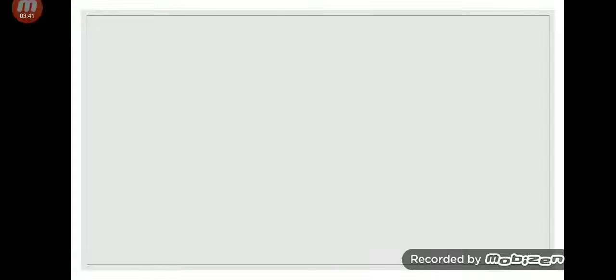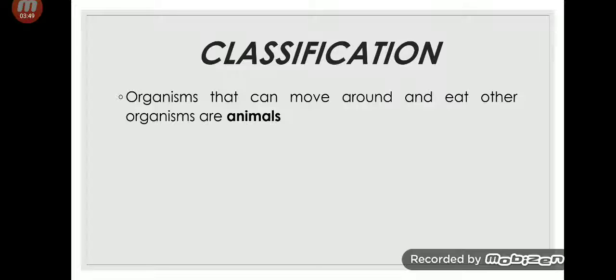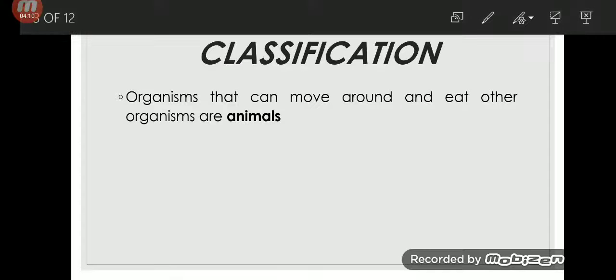If you see any plant, you instantly know that yes, this is a plant. And organisms that can move around and eat other organisms are animals, right? If you see a tiger, you quickly know, yes, this is an animal. Humans can move around, and we eat animals, for example. So we are also included in the category of animals.